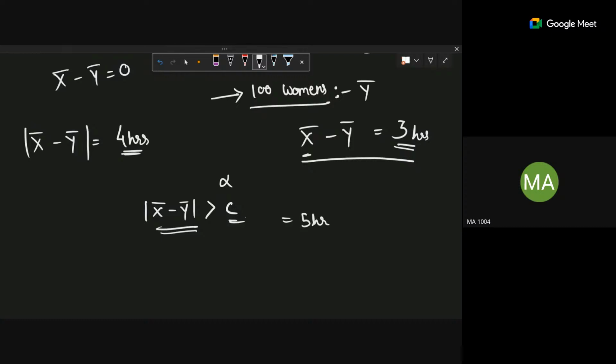If the difference of the averages exceeds 5, then we will say that the null hypothesis, which says that the time spent by men and women on social media is the same, is incorrect, because the difference between the times has exceeded this critical value. Is it clear, or is there still any doubt?